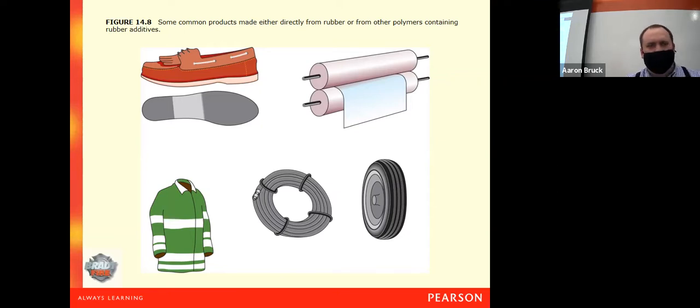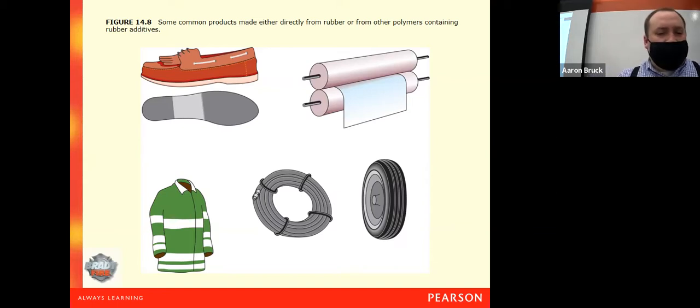So things like shoes, in particular the soles of your shoes. Most of them are made from rubber or rubber derivatives. Now, not all of them are made from natural rubber, but there are a good number of synthetic rubbers out there that do just as well, and often a good bit cheaper.